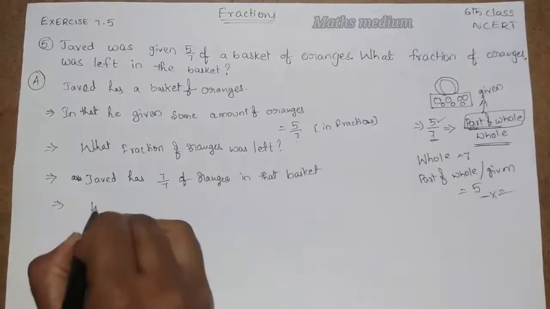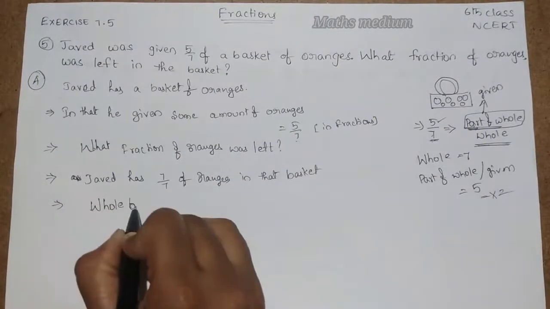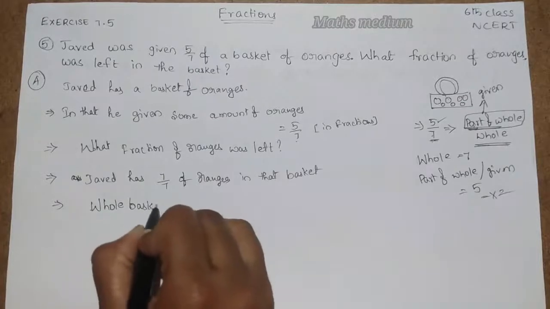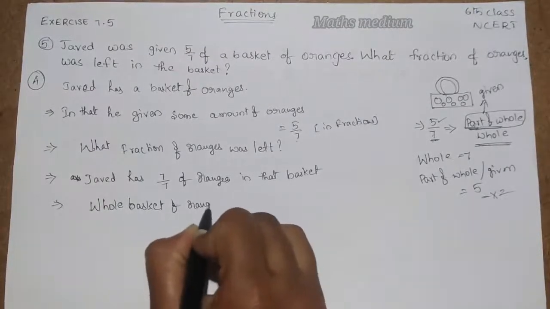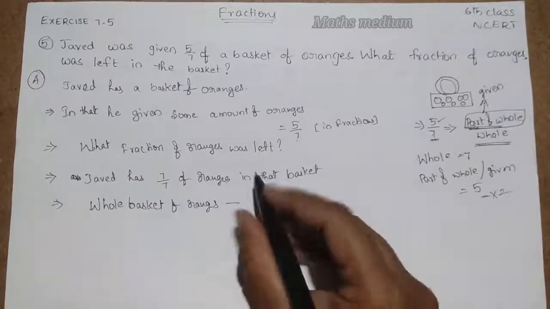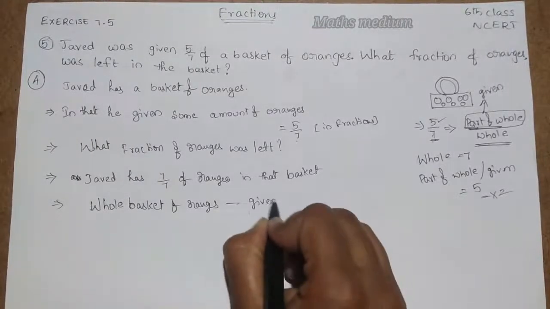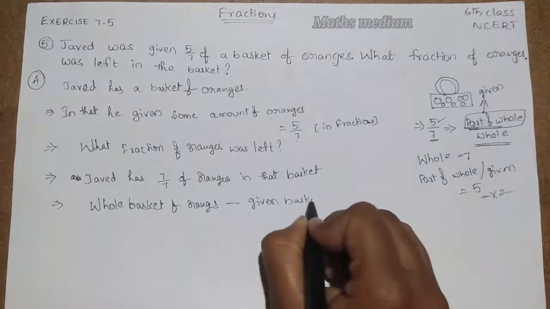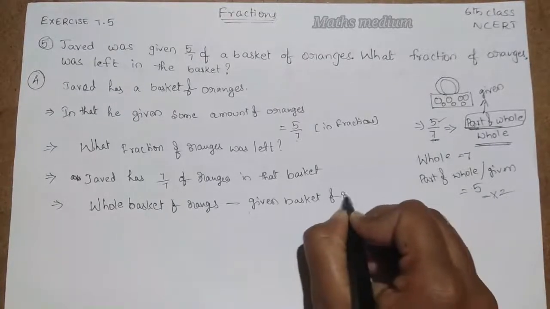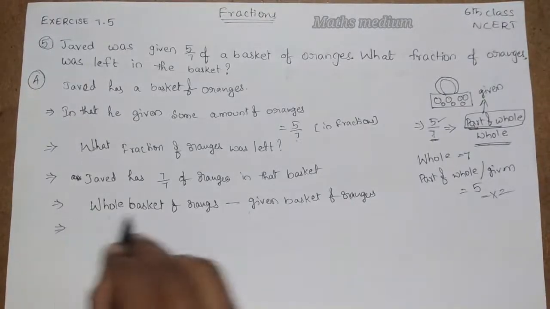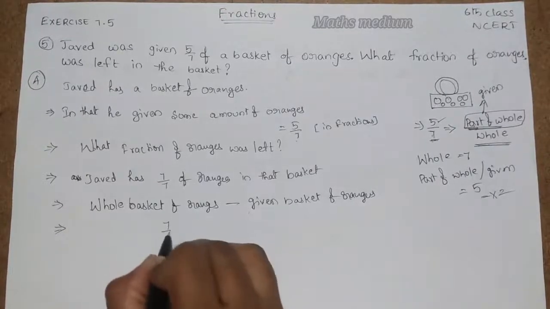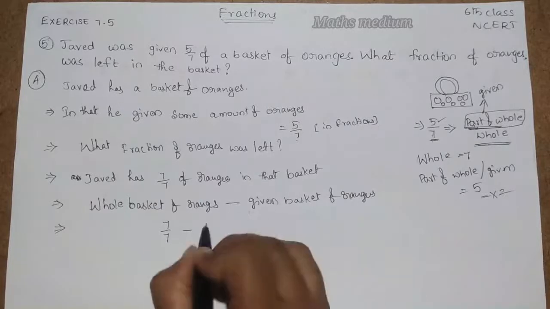So here we are going to write whole basket of oranges minus given basket of oranges. So here whole is nothing but 7 by 7 minus given 5 by 7.